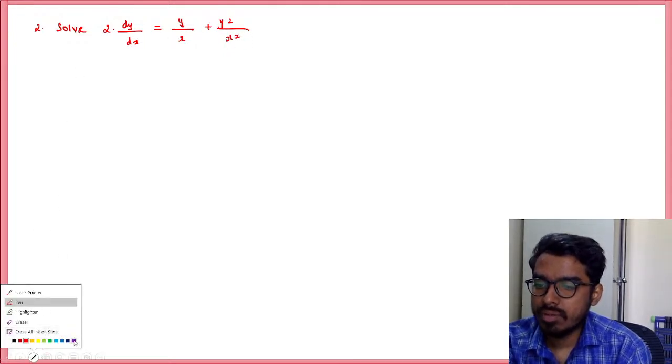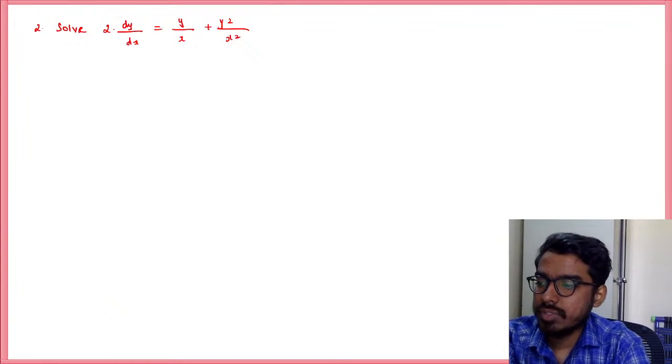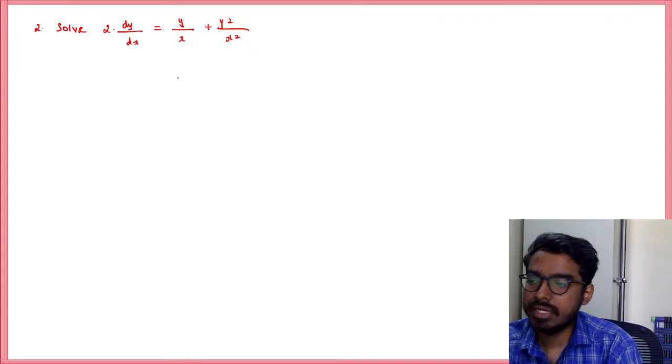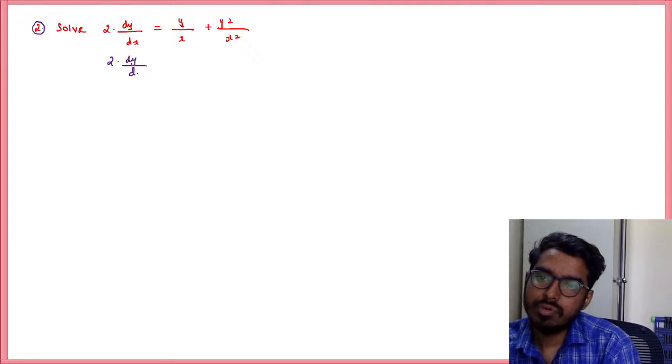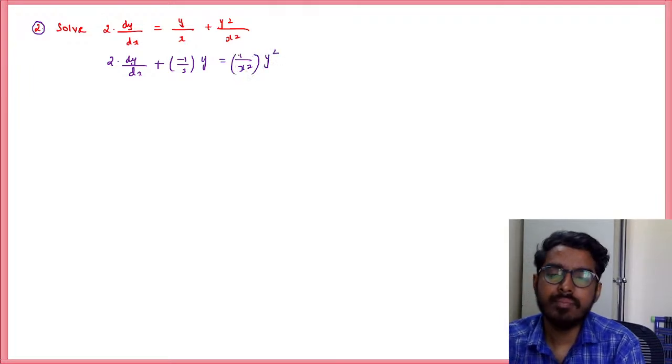So first we will divide by 2. Let us first write the form. So we have 2 into dy by dx plus minus 1 by x into y is equal to 1 by x square into y square, right?